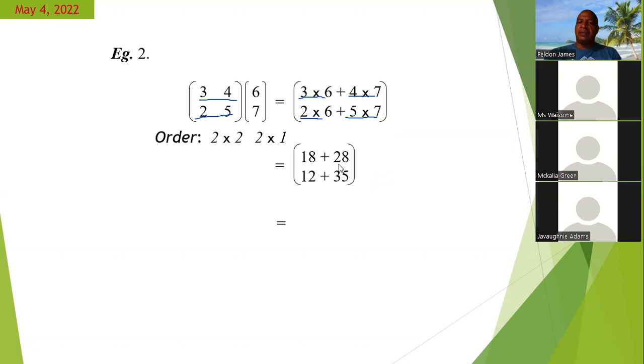So we add the two top elements, 18 plus 28, and 12 plus 35. So we get 46 and 47. All right, so it's the same principle behind this.